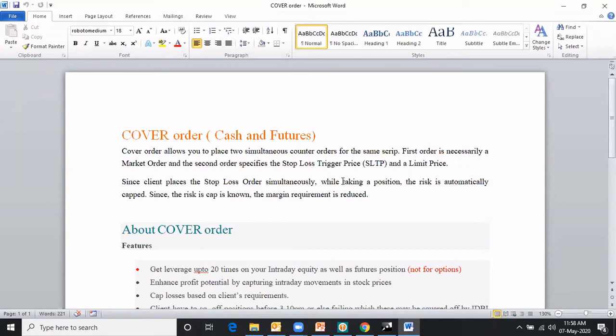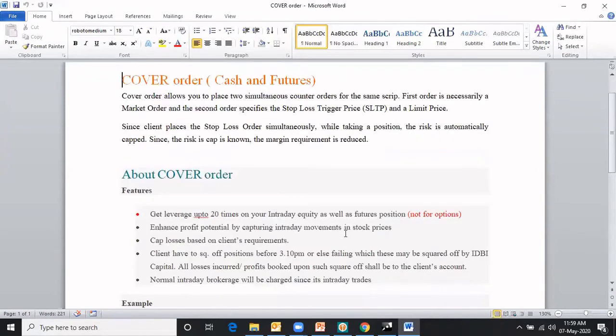I'll explain. This is a multi-leg order. That means at the time of buying only, I am going to define my stop loss, and according to my stop loss, I will get an exposure. For example, suppose I have say 100 rupees in my account and I am buying a stock with a stop loss of say 5 rupees.